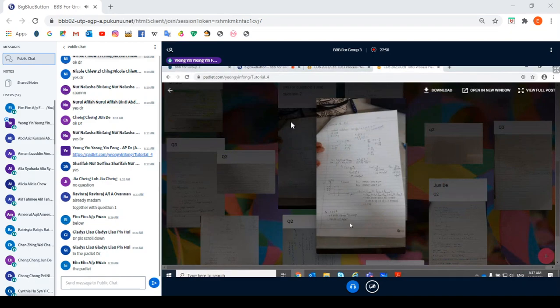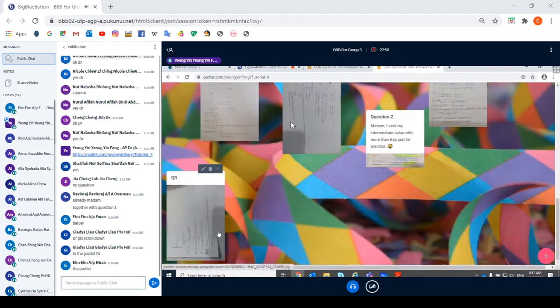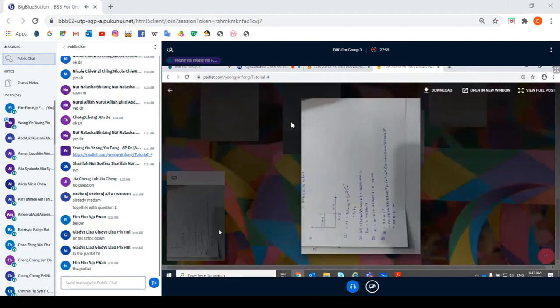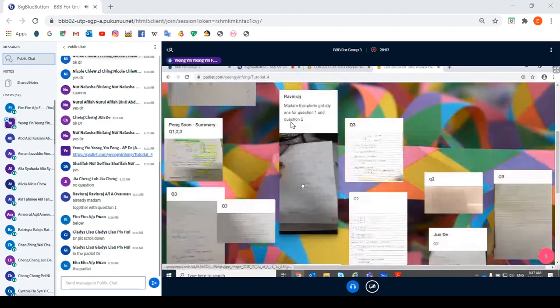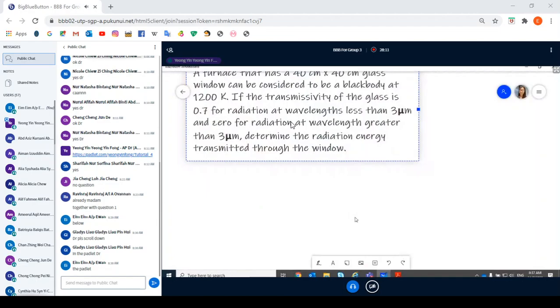Okay, that's good. So shall we move to question number 4? Students, shall we move to question number 4? For this one, I guess you all can refer to the answer in the Padlet. Everyone can access, isn't it?